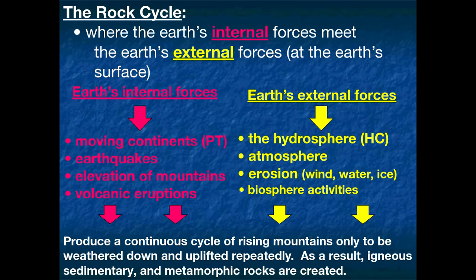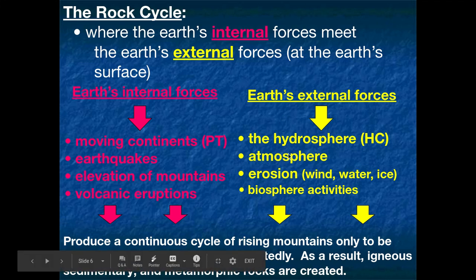And while these internal forces are taking place, at the same time we have Earth's external forces acting on them. Some external forces could be the hydrosphere, which is the water processes that take place on Earth, the atmosphere, which has some water processes in there, erosion by wind, water, and ice, and maybe some biosphere activity.